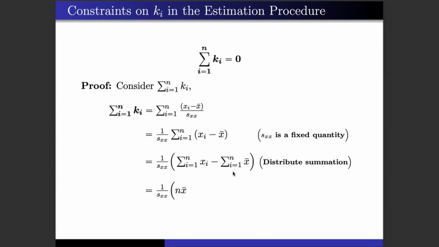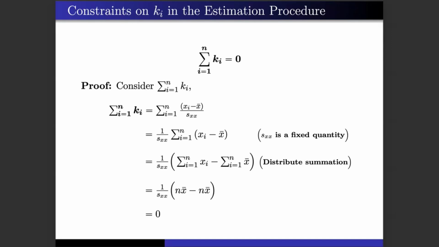If we take summation of a fixed quantity or a constant, we get n times that quantity. And therefore, we have n x bar minus n x bar, which is equal to 0. And therefore, we have the first property of ki, that is, if we take the sum of ki from 1 to n, then it is equal to 0.